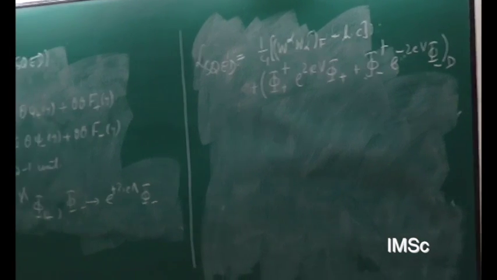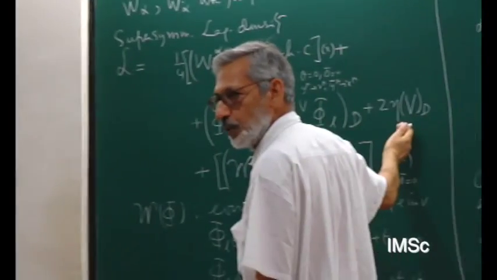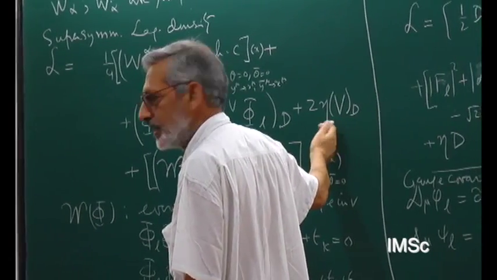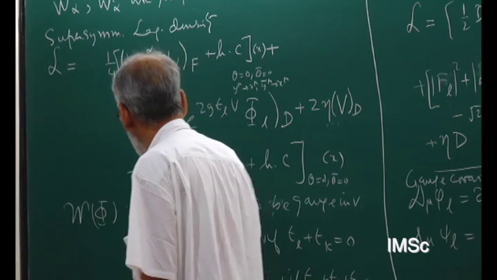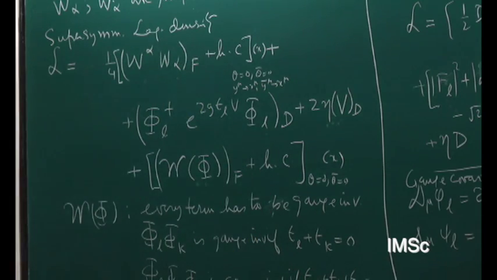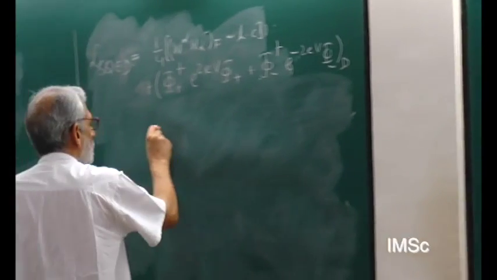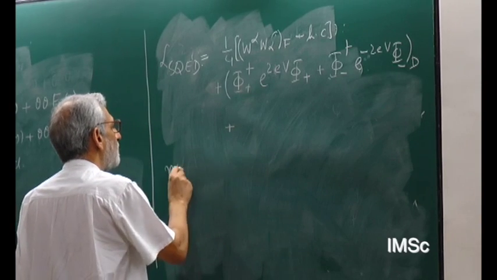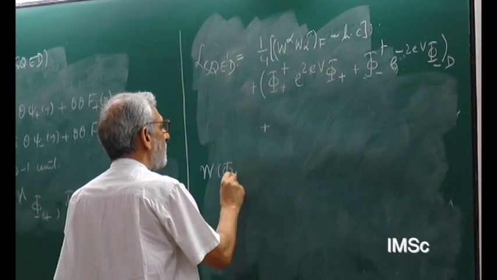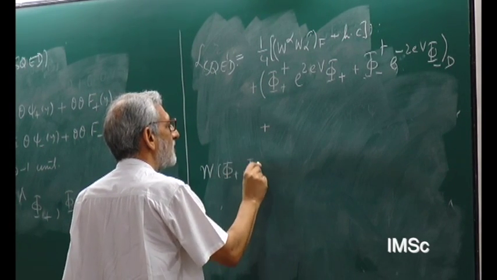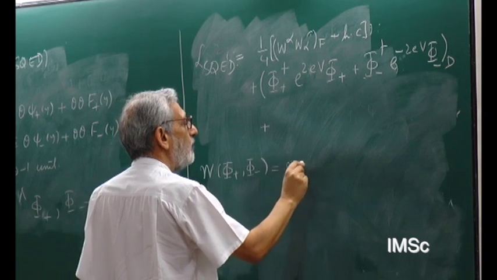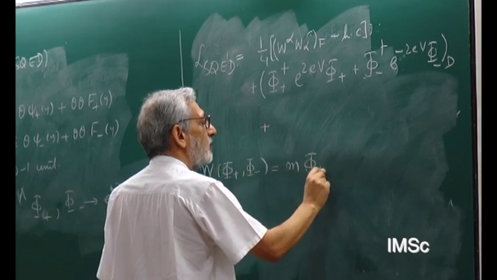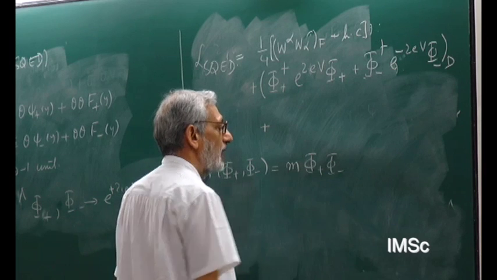We don't put any eta. In super QED, we don't have eta. Eta is 0. So we don't have this term. Then we have the superpotential term. Now we take a special superpotential. Take the superpotential of phi plus and phi minus to be simply m times phi plus phi minus.